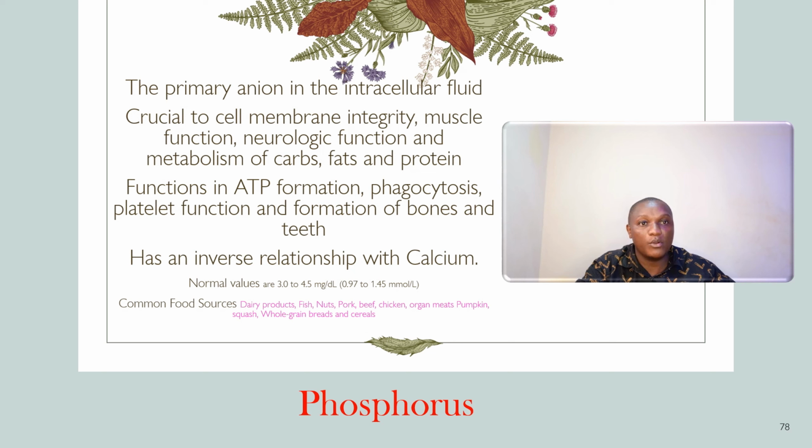We have common food sources for the phosphorus. These include dairy products, fish, nuts, pork, beef, chicken, organ meats, pumpkins, squash, whole grain, breads, and cereals.